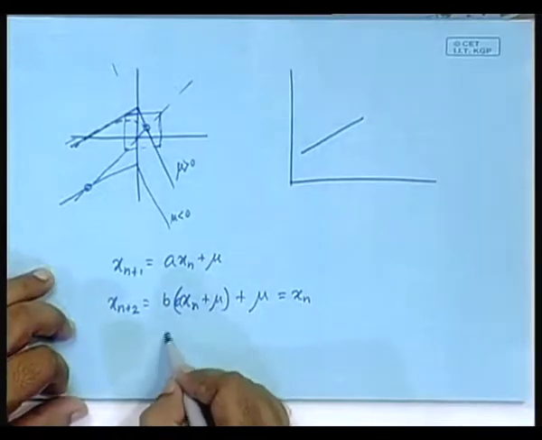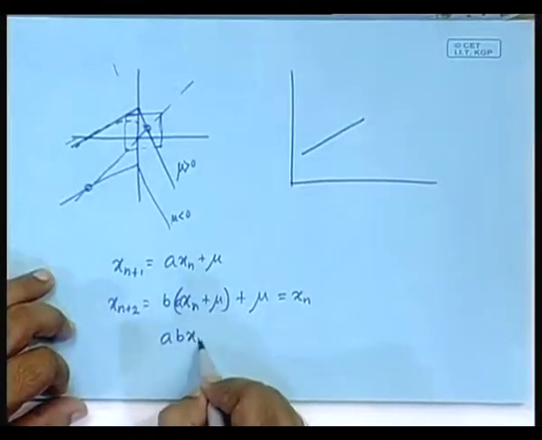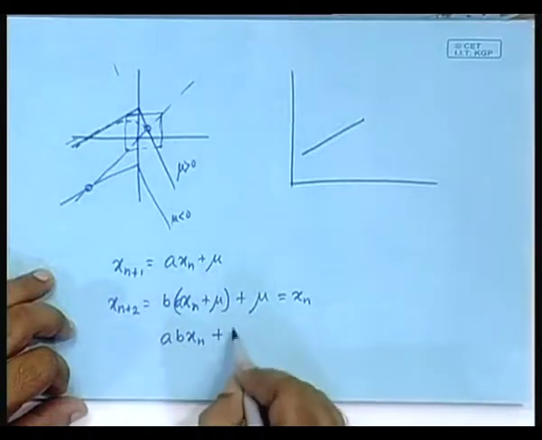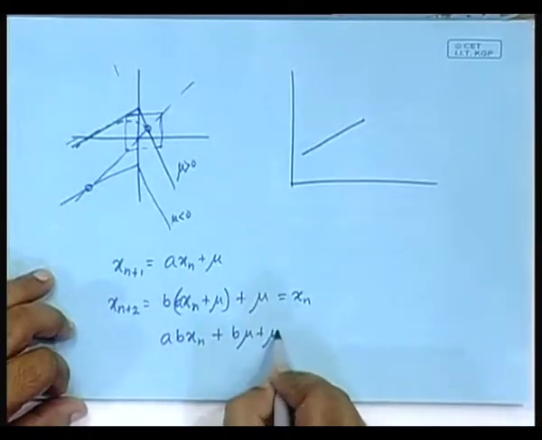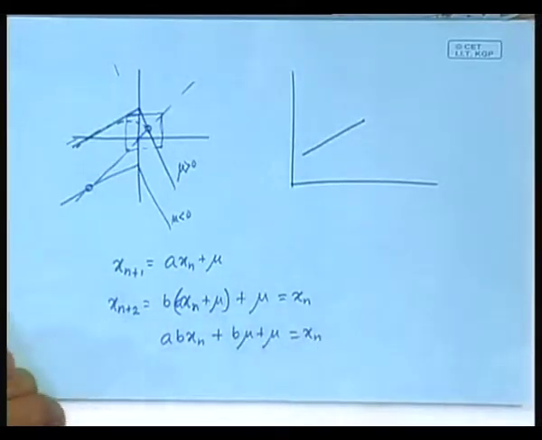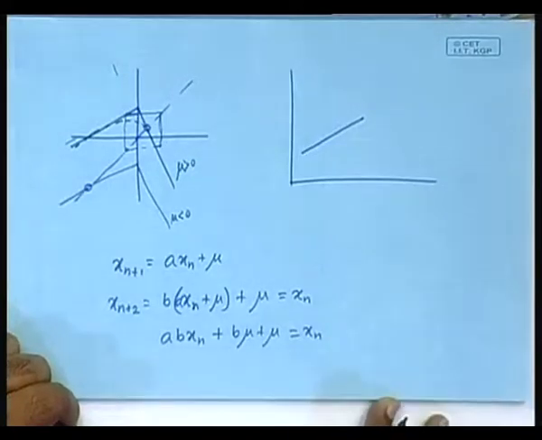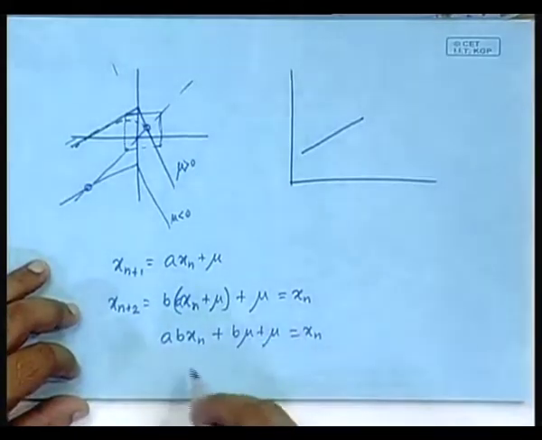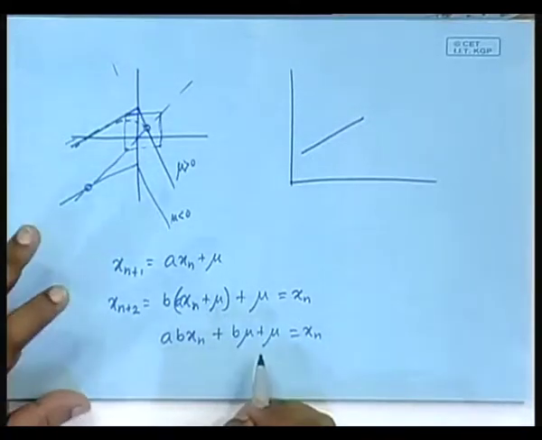So, what do you get? A b x n plus b mu plus mu is equal to x n, right. Bring it to this side. Is it right?